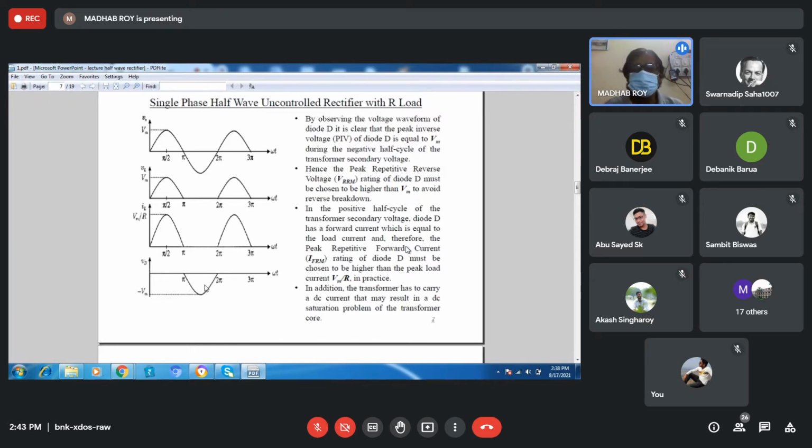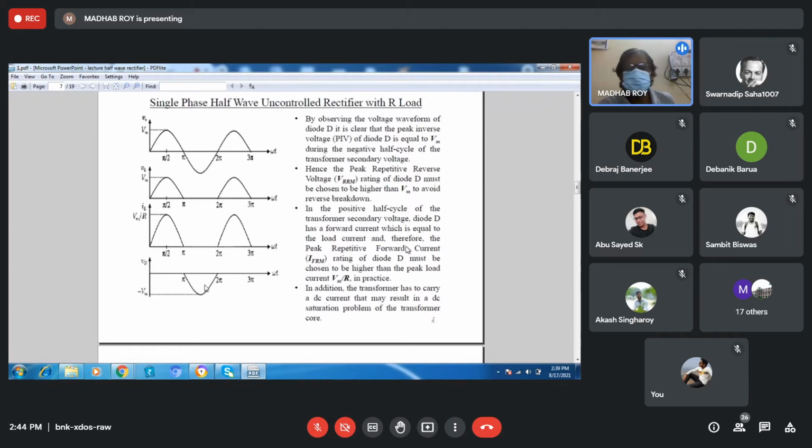You know that a diode must withstand the peak inverse voltage, because if you remember the diode characteristics, there will be forward voltage current characteristics, then reverse voltage current characteristics. In reverse characteristics, under a certain voltage, it will break down.